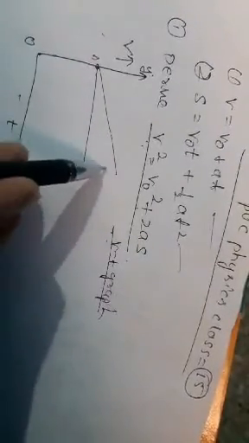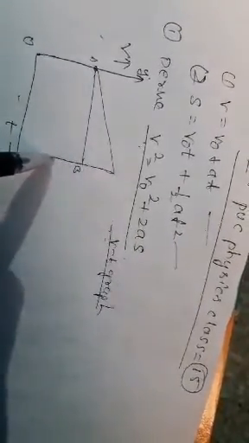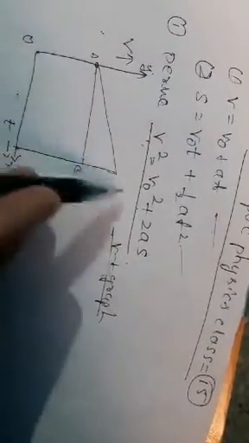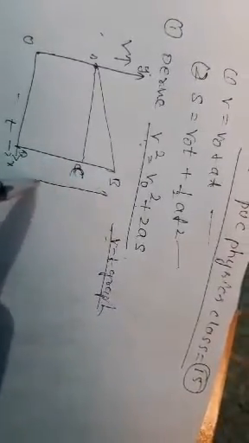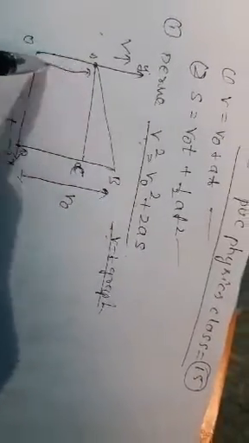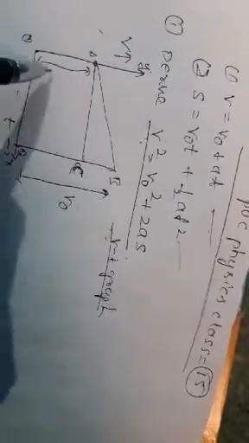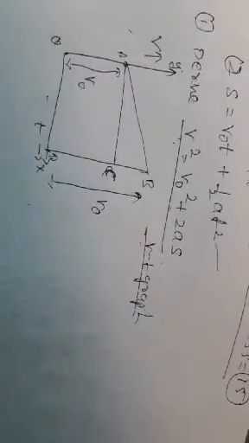When a particle is at position A, it travels a certain distance to point B. Draw the slope of this body, that is, draw the tangent. This point is called C, this is called D. BD is the final velocity of the body, and AO is the initial velocity, called V naught.